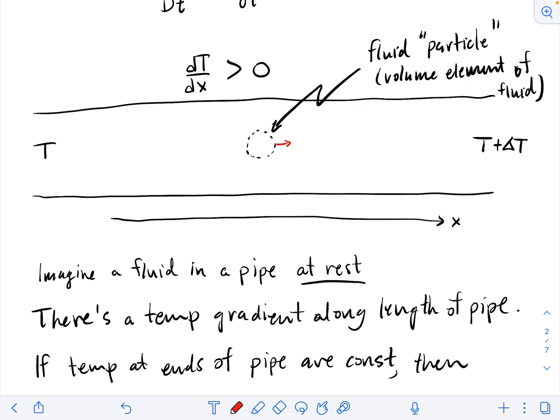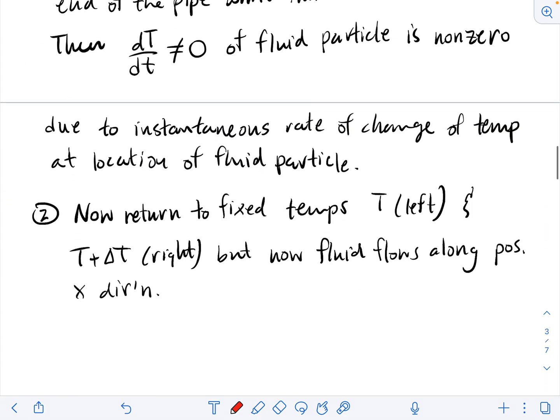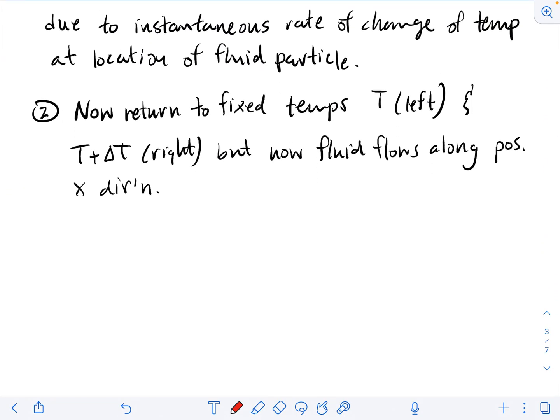Now, you can immediately see that even though the two ends of the pipe's temperature are fixed in time, there is still a temperature gradient along the length of the pipe. And so now if we move our fluid particle to a new location, of course its temperature is going to change. Okay, and so we want to be able to describe that.